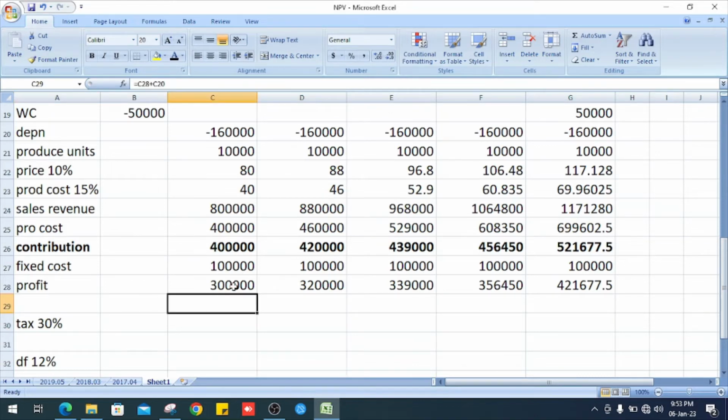Now we know our profit, and now we can get taxable profit. How do we get the taxable profit? Our profit minus depreciation of 160,000, we can get the taxable profit.